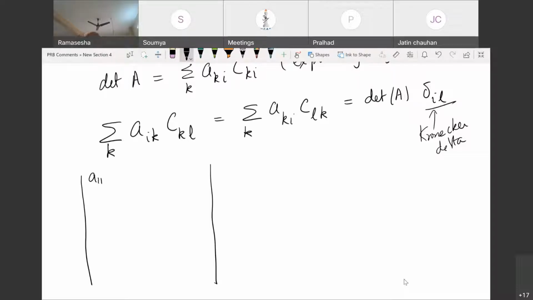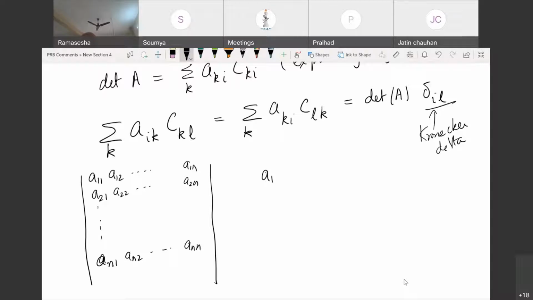Okay, so let me consider the following determinant A with rows A11, A12, ..., A1n; A21, A22, ..., A2n; down to AN1, AN2, ..., ANN. What are the cofactors?